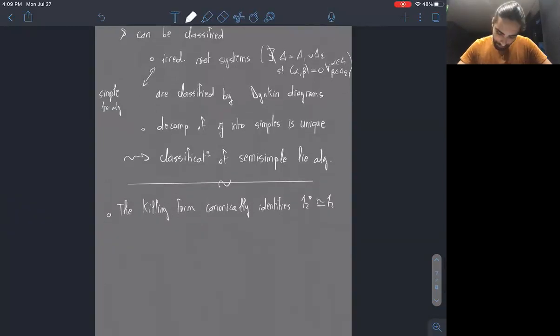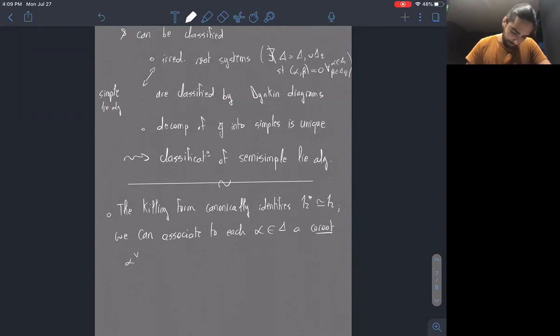And using this, we can associate to every root a so-called co-root, which we denote by alpha dual.